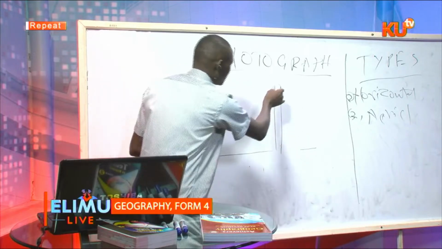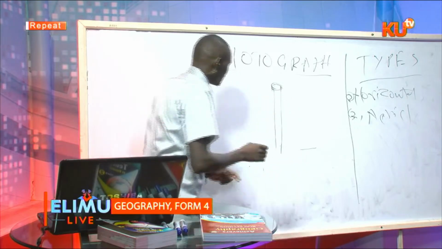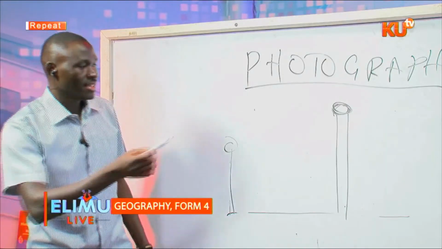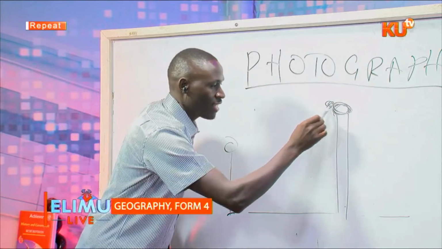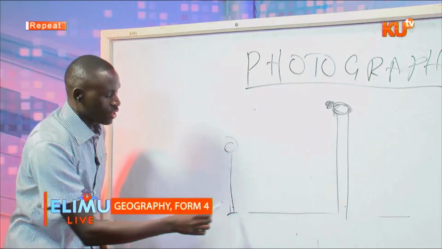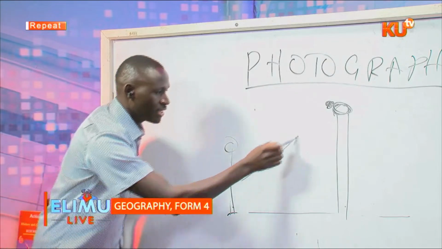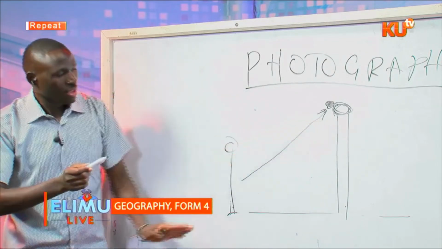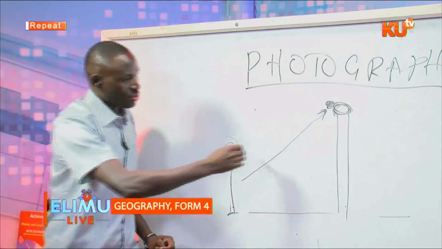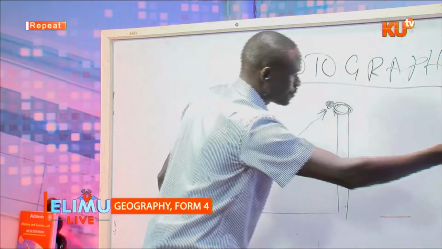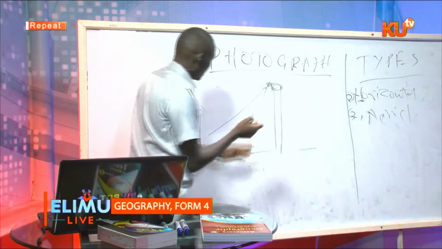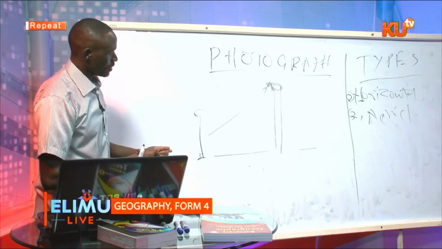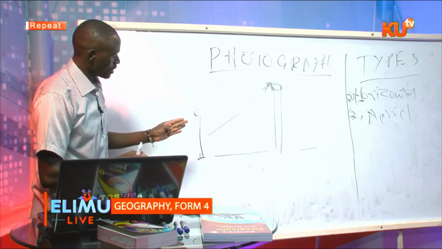Let's say this is a tower or a tall building, but the image you want to capture is at the highest level, and you are here. So there's an angle you'll be taking the photograph at. That angle brings it to another level. The other one we said is horizontal, still at the same level with the object.